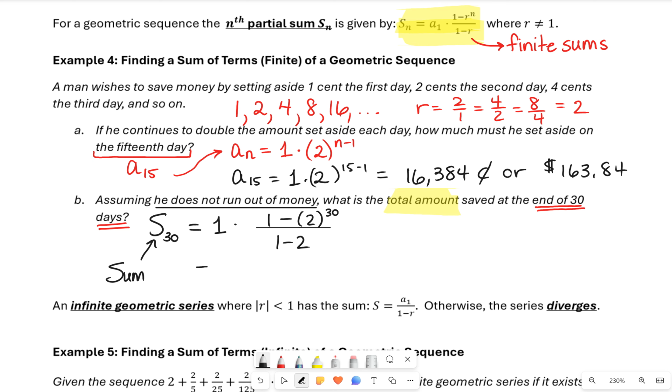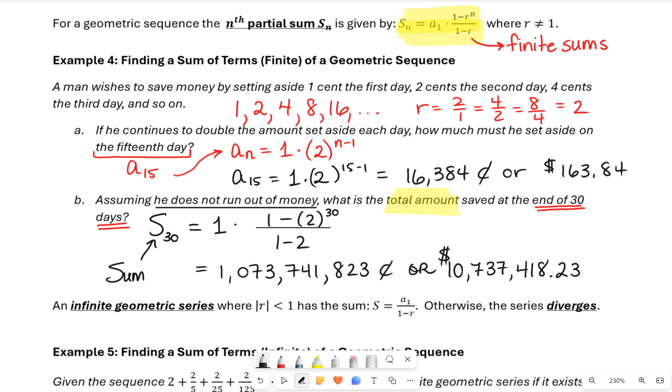Okay. So 1,073,741,823 cents. Or divide by 100 and you get 10,737,418.23.